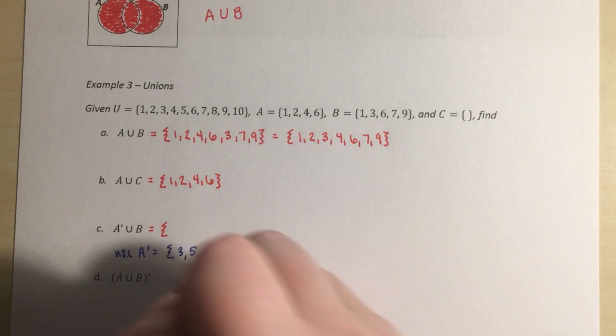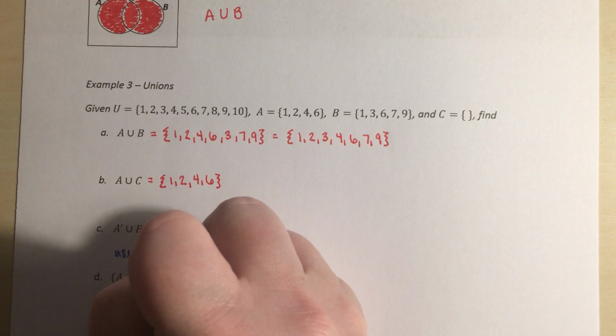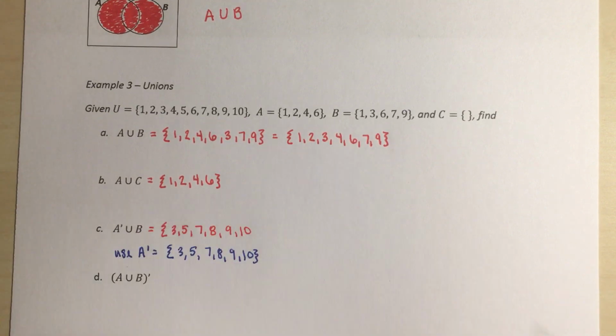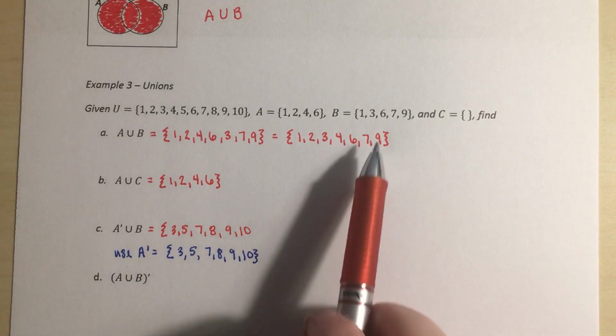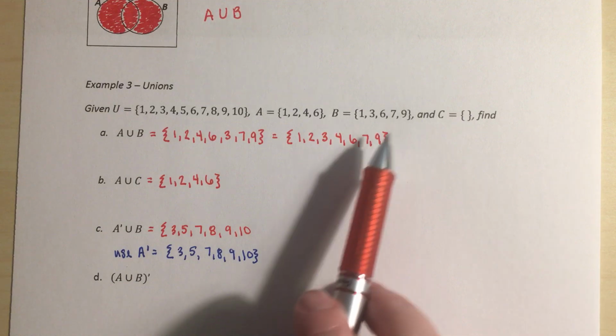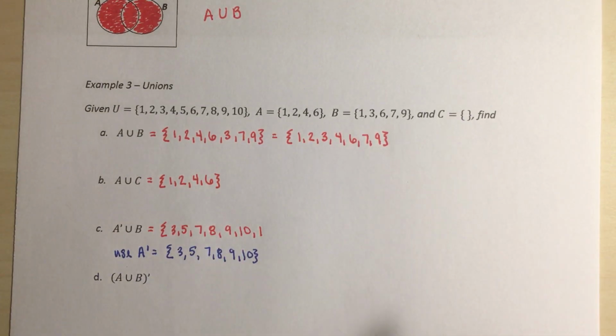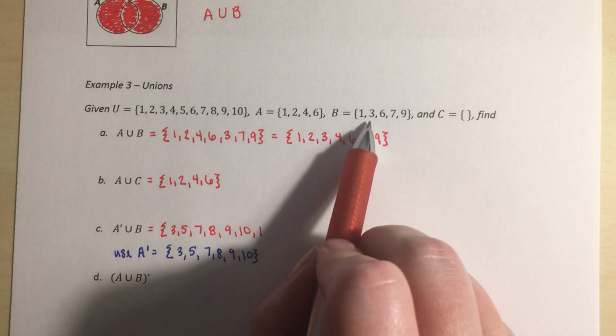All right, so I'm going to start with our complement of A. We're going to list these out here: 3, 5, 7, 8, 9, and 10. Now, we want to add anything in B that we haven't already included. So B has a 1, so we want to make sure we put 1 in that union. 3 is already there.